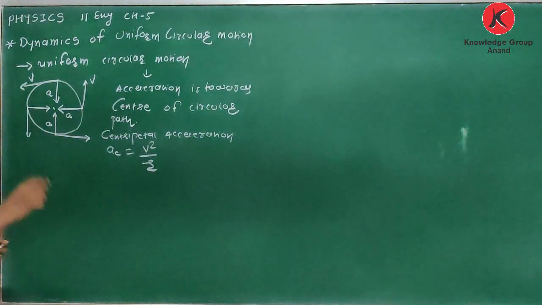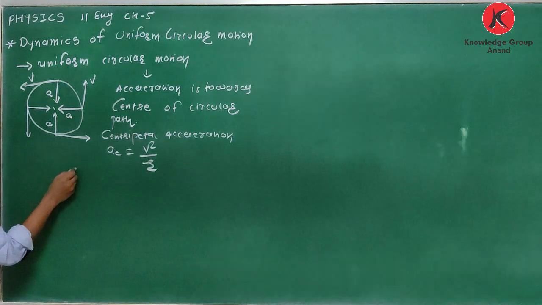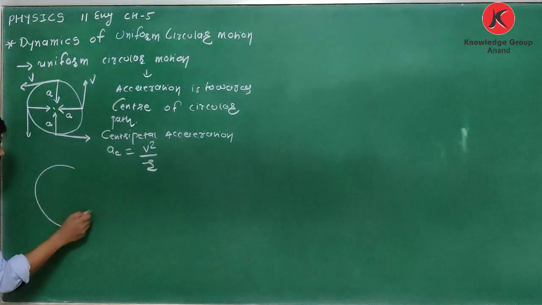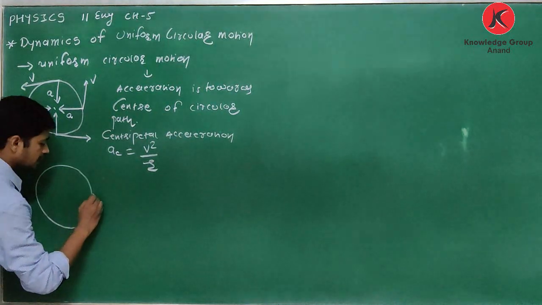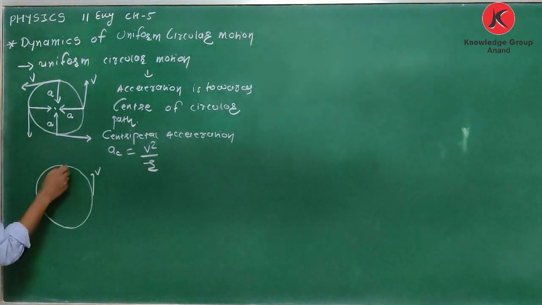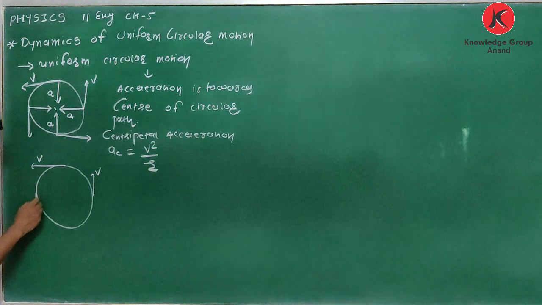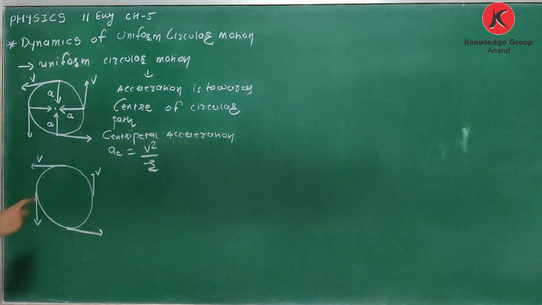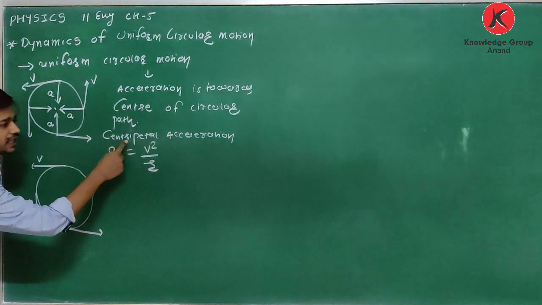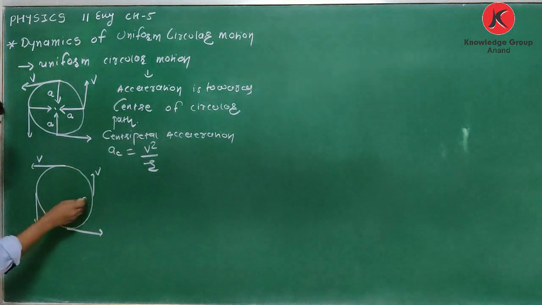In uniform circular motion, velocity at each and every point is in the direction of the tangent.